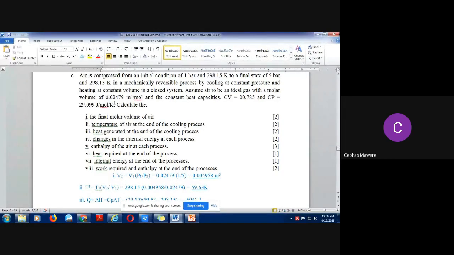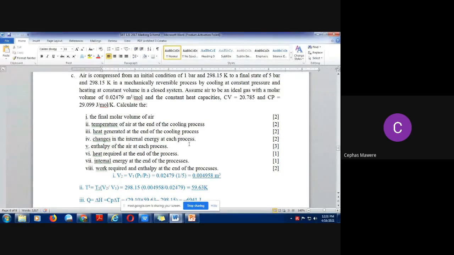Assume A to be an ideal gas with molar volume of 0.02479 cubic meters per mole, and the constant heat capacities CV is 20.785 and CP is 29.099 joules per mole per Kelvin. Calculate the final molar volume of A, the temperature of A at the end of the cooling process, heat generated at the end of the cooling process, and changes in the internal energy of each process.